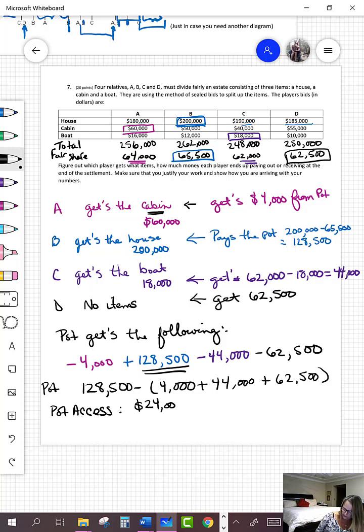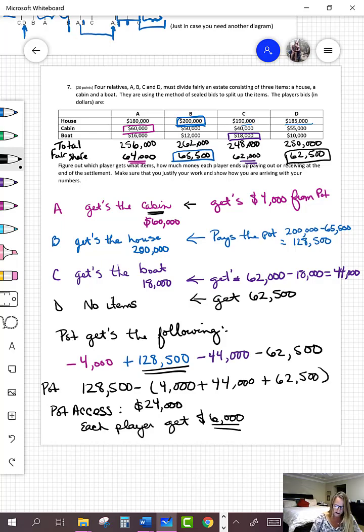So we're going to take the extra amount that's left over, and we're going to divide it among the 4 players. So each player from here gets $6,000. Okay, so let's look at this.